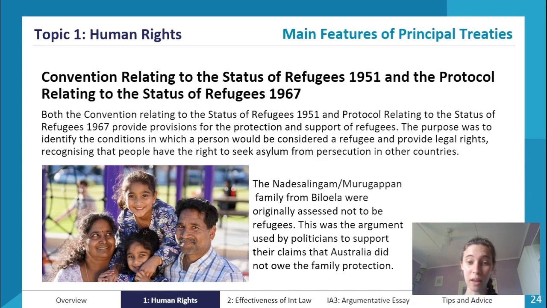So that meant that they didn't have the rights according to this convention and the protocol. And that was able to be used as an argument by some politicians to say that we didn't actually owe them any protection. So there is that difference between refugees and asylum seekers.